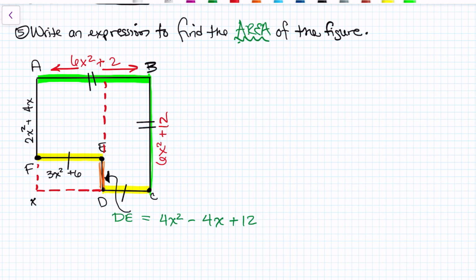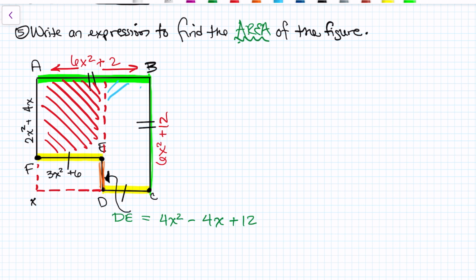So if we can find this first piece, and then we'll add it to this piece, we're going to get the area that we want, of the figure that we want. So let's first find the red part.